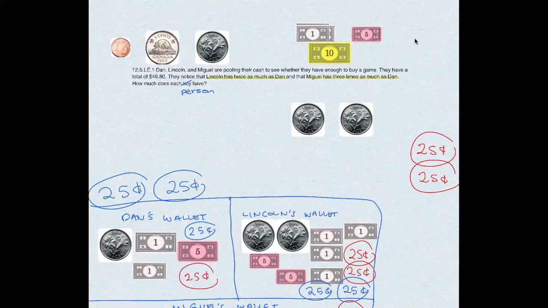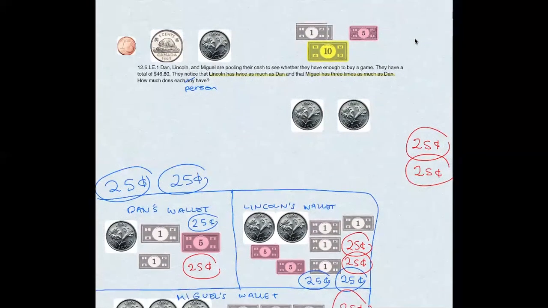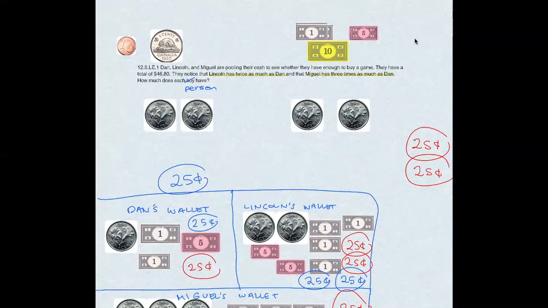I know that I can break up the quarters into 2 dimes and a nickel each. So why don't we do that? So 1 quarter will go away, and in its place, we'll get 10 cents and a nickel.